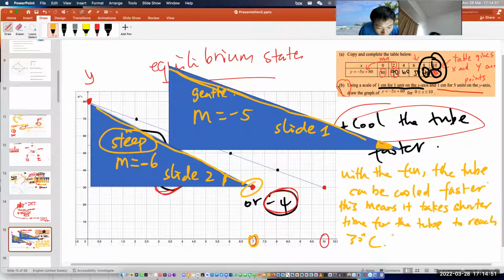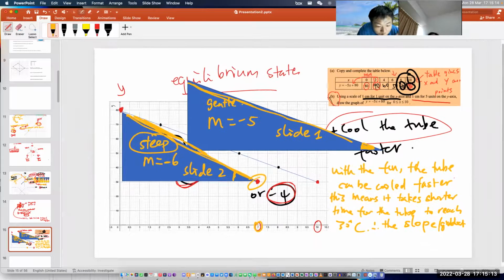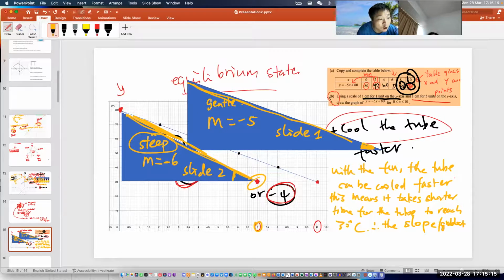So therefore, if you call this a slope, right? Therefore, the slope or the gradient. In fact, gradient is mathematics. Slope is English. So if you want to tell people the meaning of gradient in real life, we call it a slope.